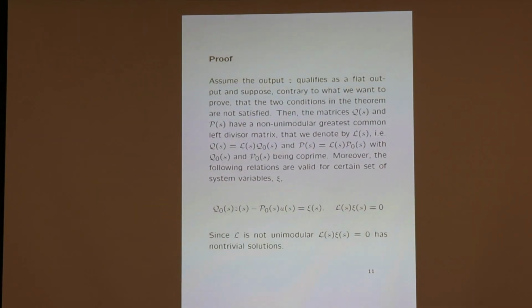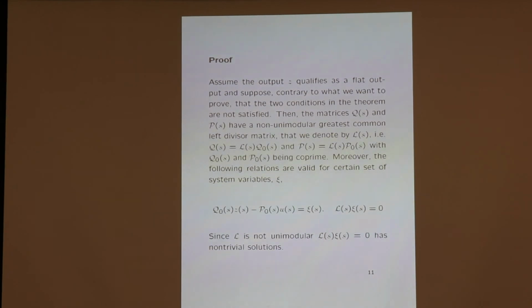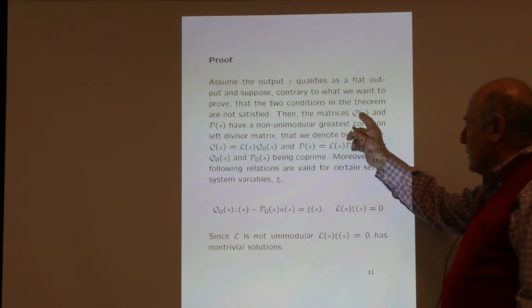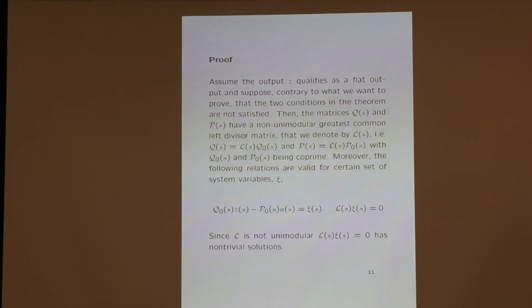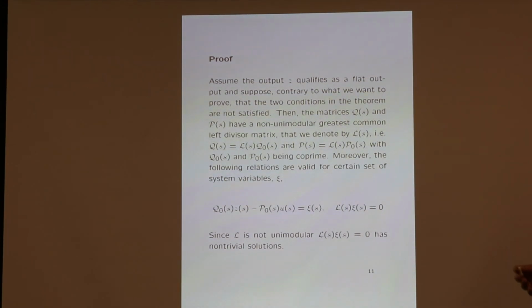If we have those two conditions, then the matrices Q and P have a non-unimodular greatest common left divisor matrix. That means they will have some common factor, and this common factor will not be unimodular. That's what we mean by a non-trivial factor.